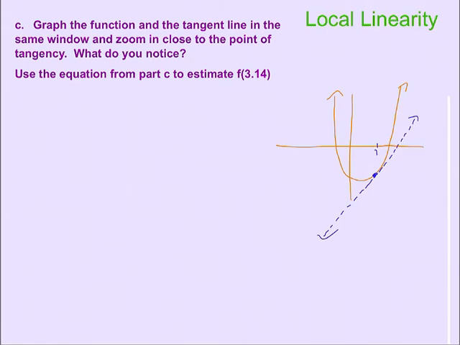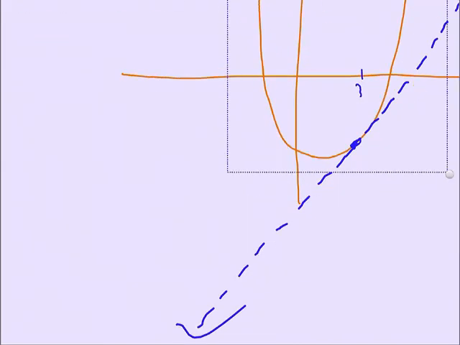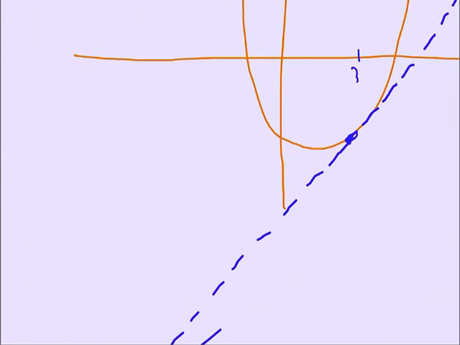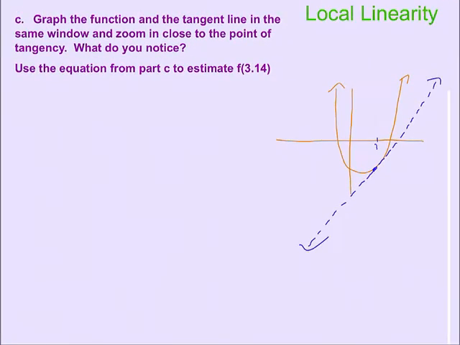What I want you to notice is if we zoom in, that's as far as I can get, for a brief moment in time right here, right around that point of tangency, the orange line and the blue line really do seem to overlap with each other. As long as you can find the derivative of a function, around that point, we say that the function has what's called local linearity, where for just the briefest instant in time, it's kind of just like a straight line.